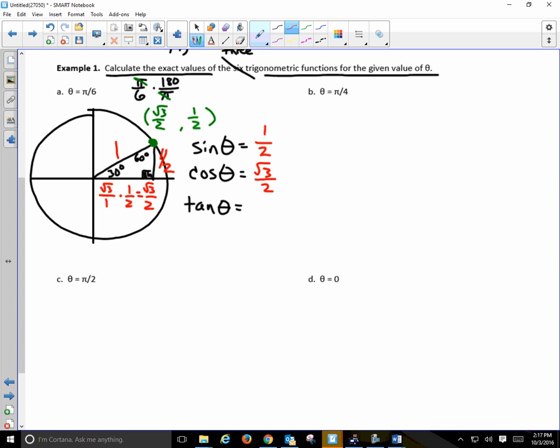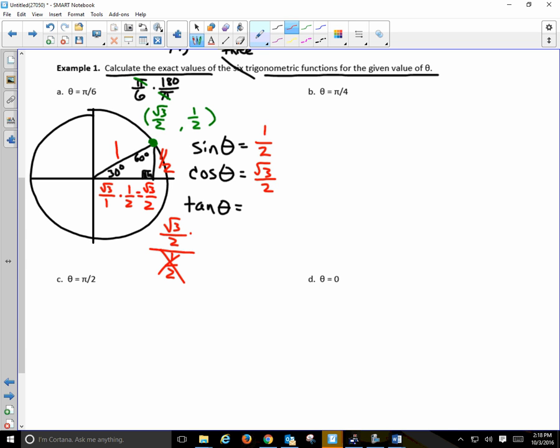And what would the tangent value be? How would I figure that out? You take the square root of 3 over 2 and you divide it by a half. Oh no, I can't have a fraction over a fraction. How do I divide two fractions? I take that 1/2 and I multiply by the reciprocal.